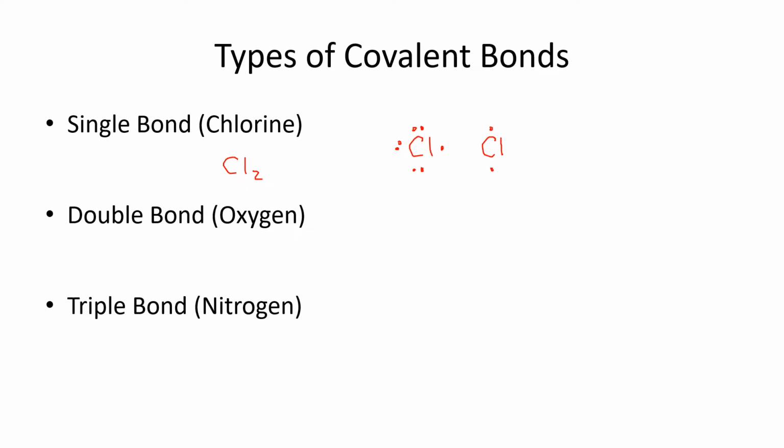Now it also has 7, but when I put my 7th one down, I'm going to put it on this side so that the two single electrons are facing each other. That way I can show the bond a little more easily rather than have to make some weird curly thing that goes around the atoms. So that's a way to show chlorine bonded to each other.